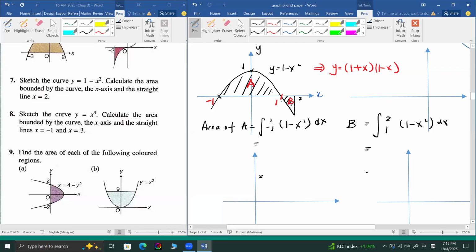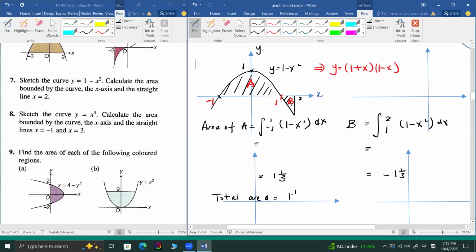And remember, you'll get the negative value one, right? This, you'll get 1/3. This, you'll get -1/3. It's not always the same. This is coincidence only. So you tell the total area.